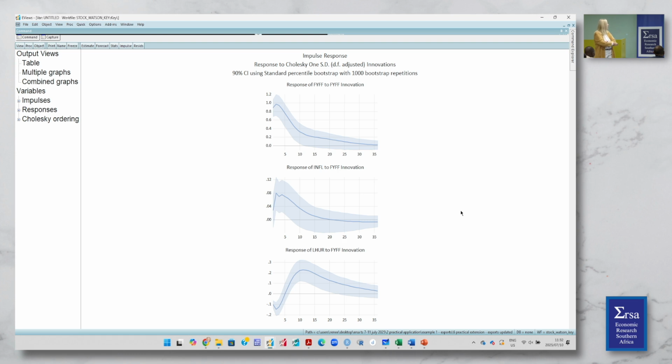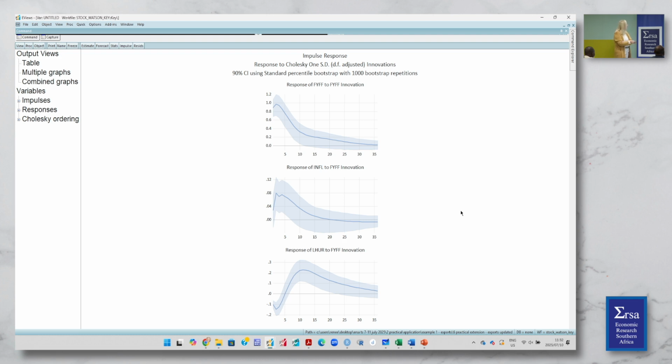How about unemployment? If there's an innovation in the interest rate, that will cause unemployment to rise, and for quite a long time according to this analysis.